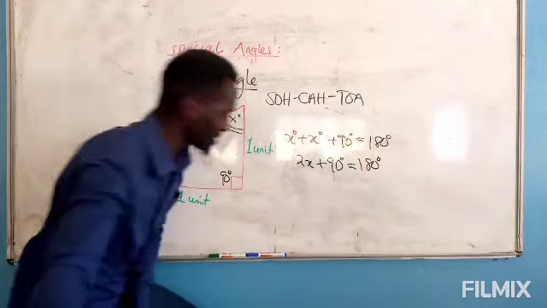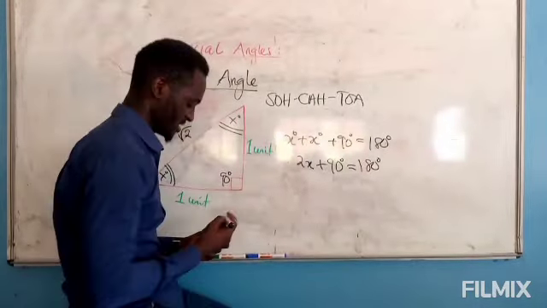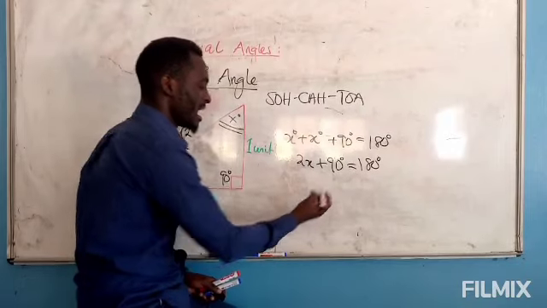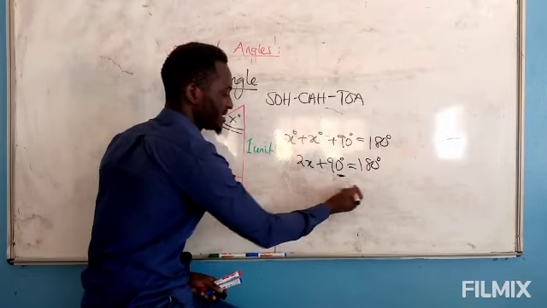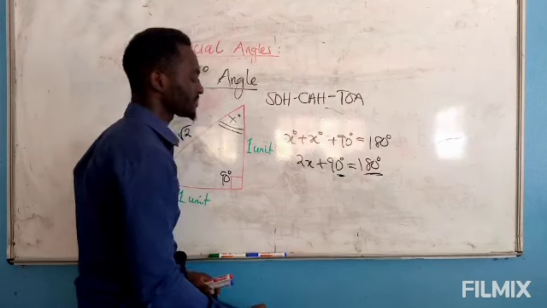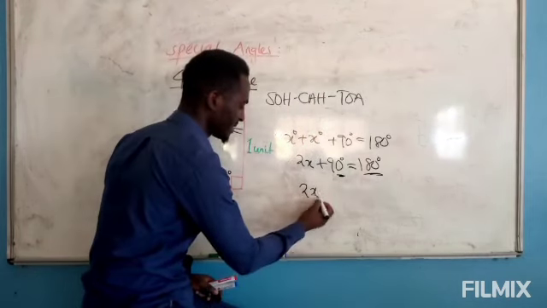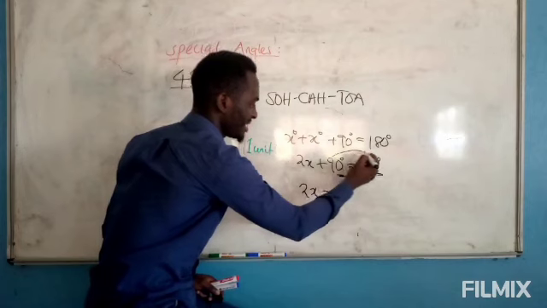Let me just pause a bit there. I'm stretching myself. Then I can see that 90 is that term with 180. So I'm going to have 2x is equal to 180 degrees, as the 90 has to cross.